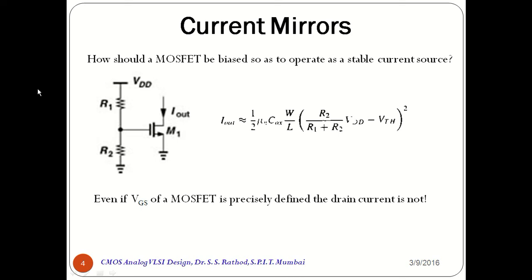It is also important to note that process and temperature dependencies exist even if the gate voltage is not a function of the supply voltage. In other words, if the gate to source voltage VGS of a MOSFET is precisely defined, then also its drain current is not. For this reason, we must seek other methods of biasing the MOS current sources.